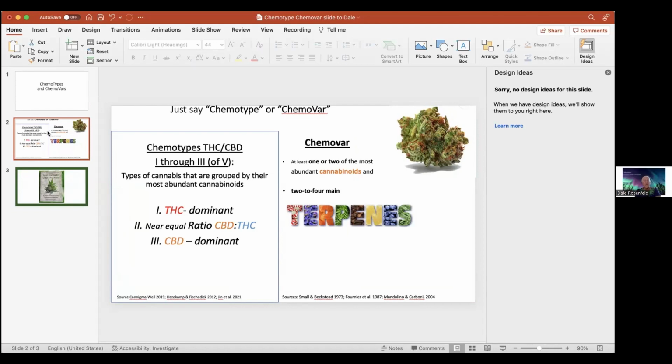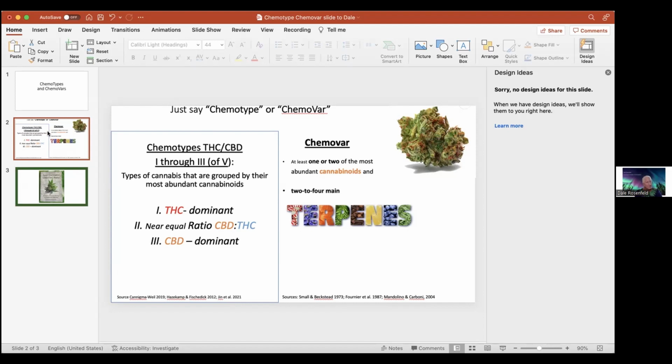Okay, so chemotypes are about ratios of THC, CBD, CBG, any of the other cannabinoids. Yes. But chemovars, variety, var is how I think of it. Exactly. Includes not only the ratios, but also terpenes.